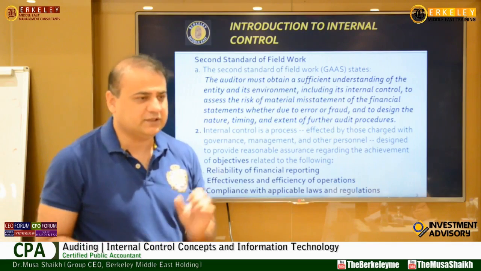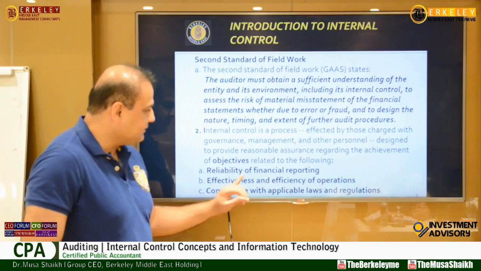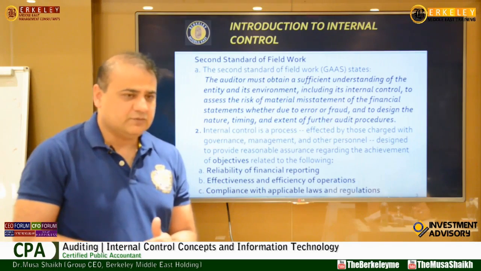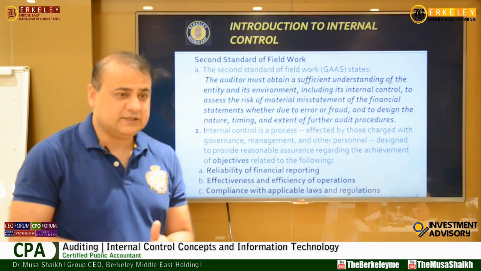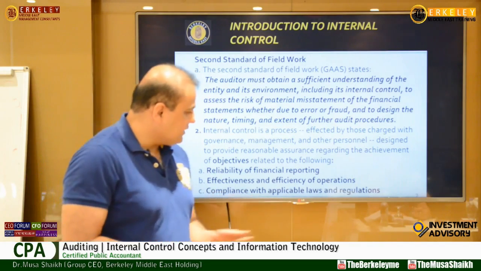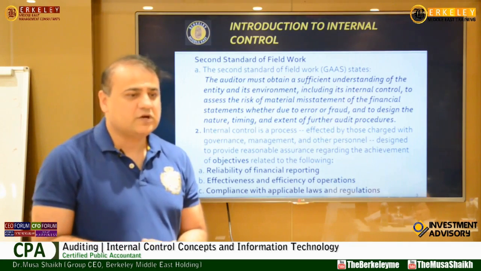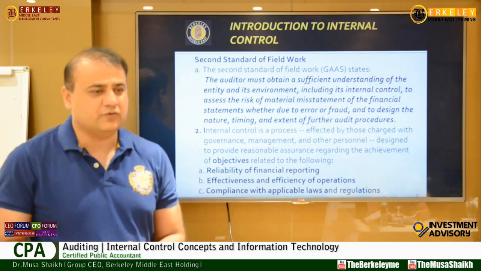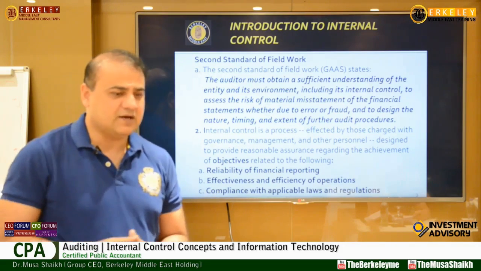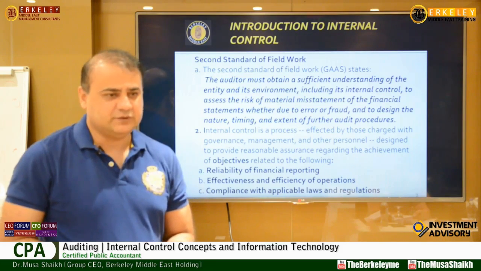So the first thing is that financial reporting becomes more reliable because of internal controls at every step. It also brings more efficiency and effectiveness, and compliance with applicable laws and regulations. These are the three focuses of the internal control or internal audit department. They have hired staff who focus on achieving these three objectives.